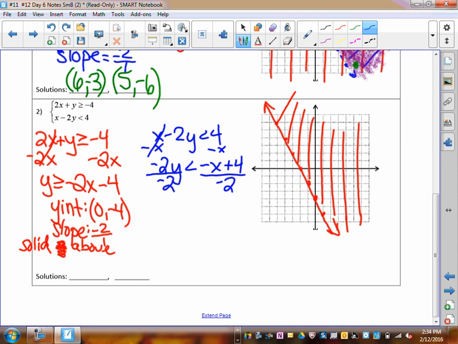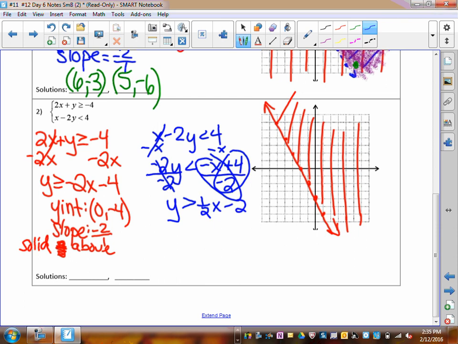Thank you, Cynthia. We flip our sign. That is so important. Otherwise, it's going to mess up your shading, right? So we have y is greater than positive 1/2 x. And a positive divided by negative is a negative 2.